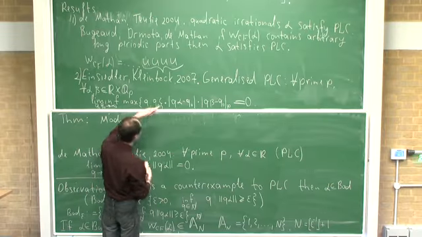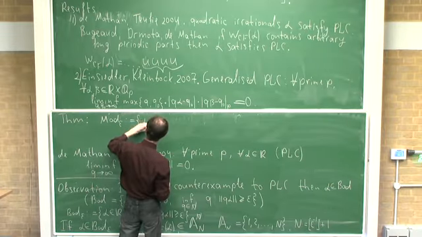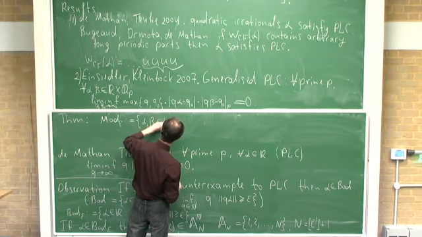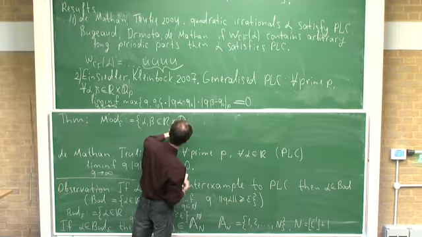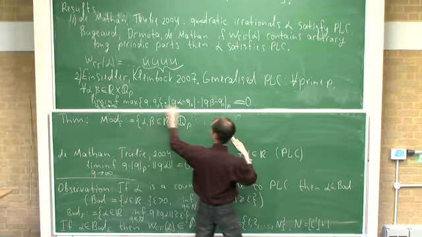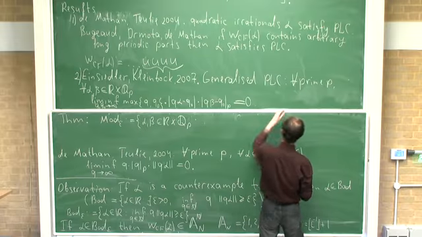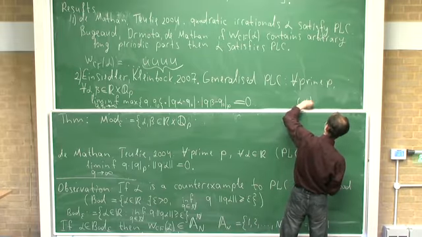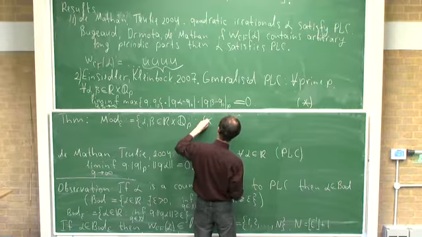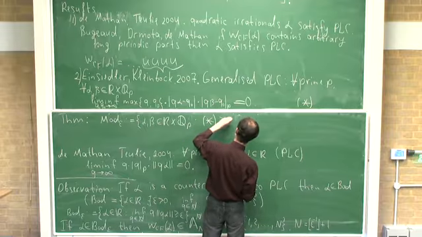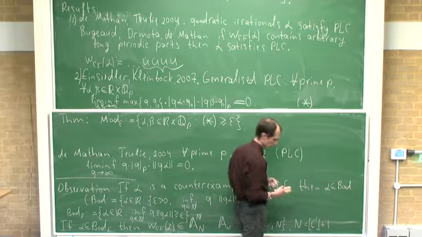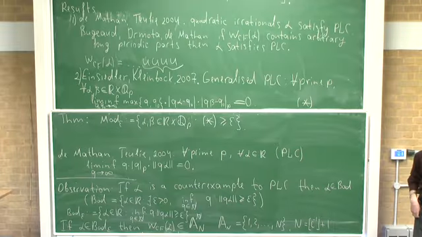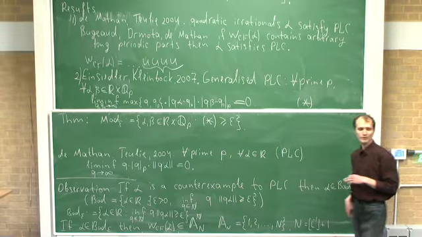So the set of the pairs in R cross Q_p such that this expression is at least epsilon. Is it clear what this means? I just don't want to rewrite it once again.